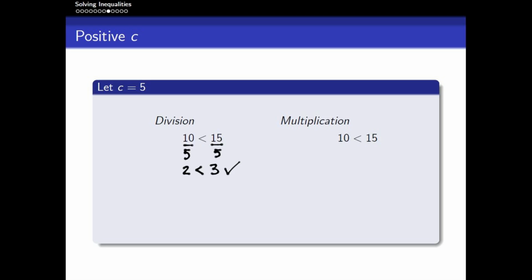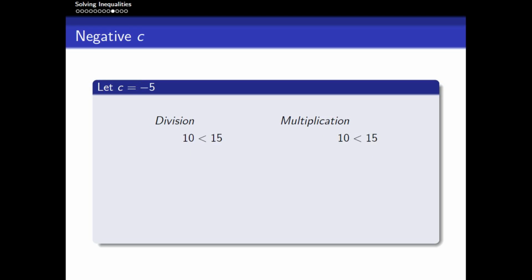Okay, let's take a look at multiplication. So I'm going to multiply both of them by 5. 5 times 10, that's 50. I know that one. And let's see if that's less than 5 times 15, which is 75. 50 is less than 75, so we're all good to go there. That looks good.